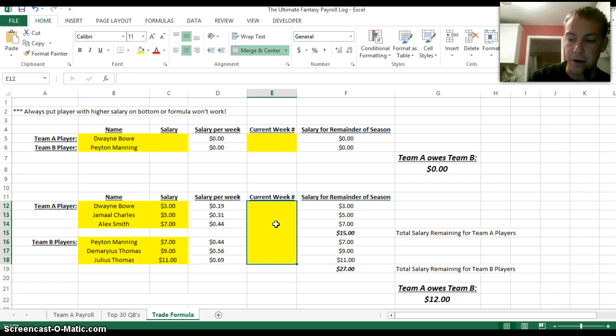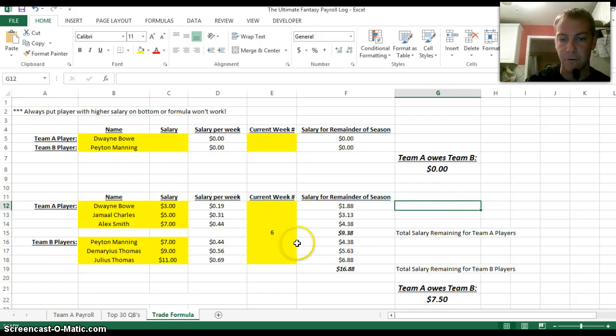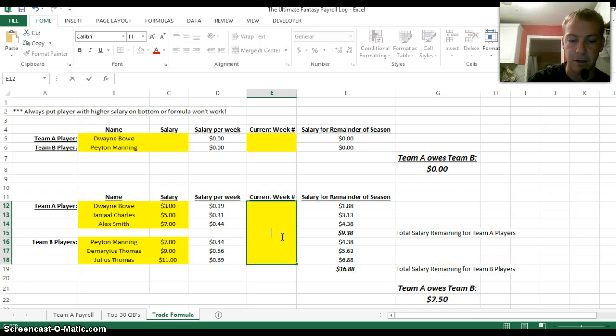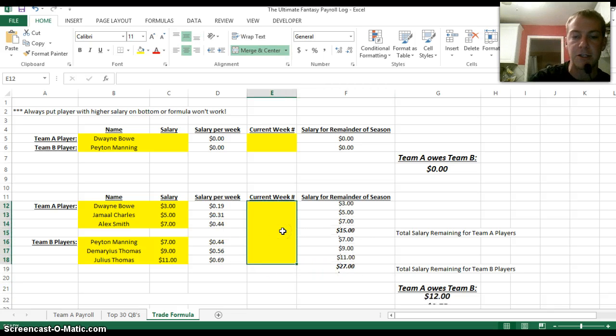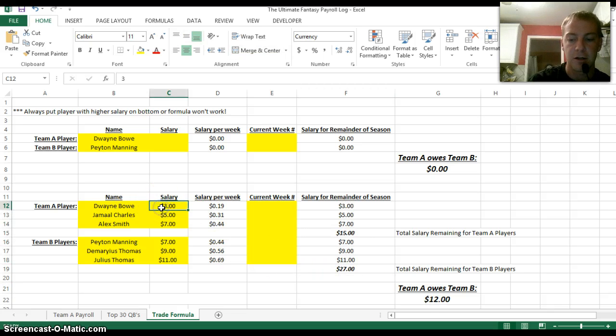If you did it during week 6, you just type that week in there and it adjusts the formula. Week 3, just the amount owed, because it has this total salary remaining for Team A and for Team B. So you can see with this spreadsheet and these formulas, it shouldn't be too difficult to figure out how to do that.